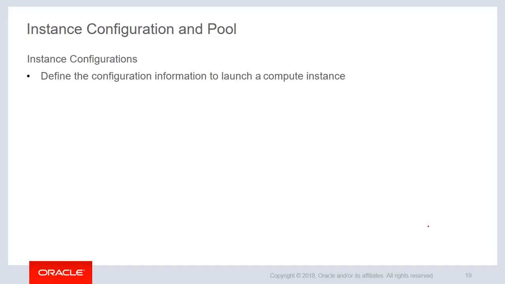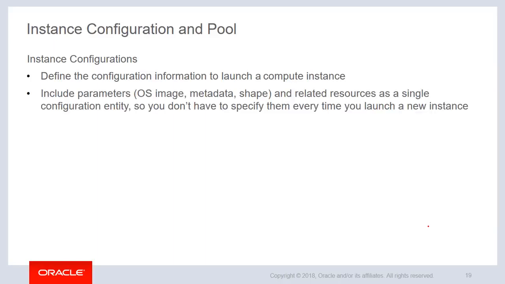Now there is a new feature we launched recently, around a few weeks back, called instance configuration and pool. Let's look at what this is. You can use a feature called instance configuration to define the configuration information to launch a compute instance. What does it mean?